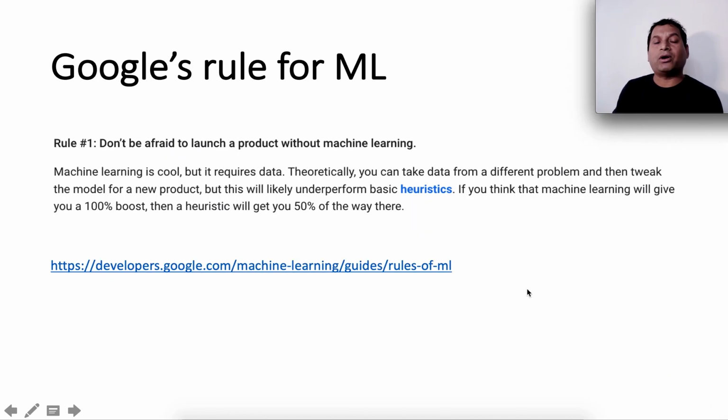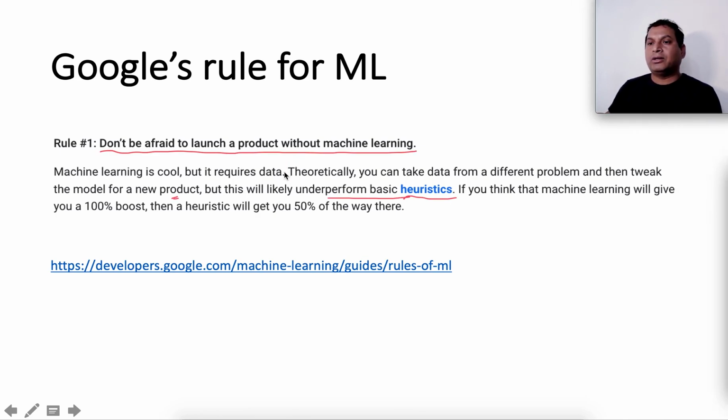There's a wonderful blog called Google's Rules for Machine Learning. There are about 40 rules they have published as a guideline to build machine learning models. The first rule says, don't be afraid to launch a product without machine learning.